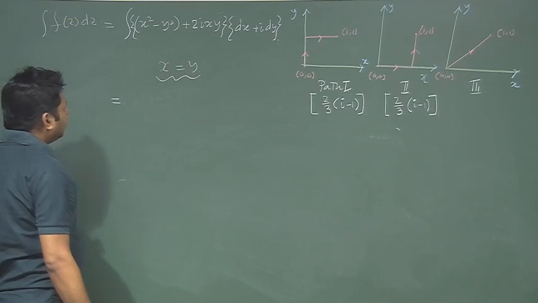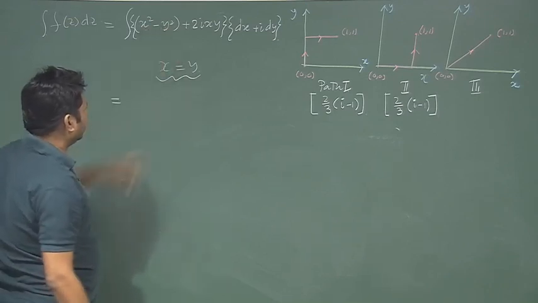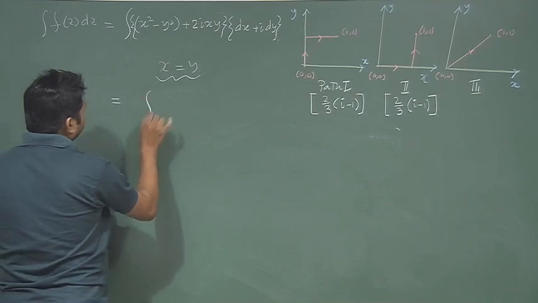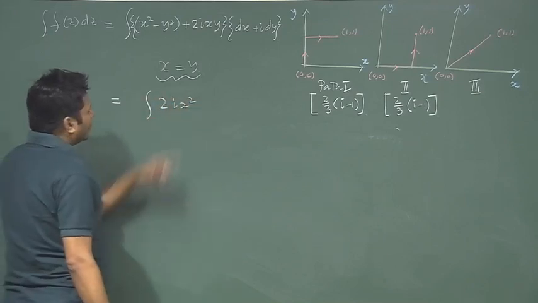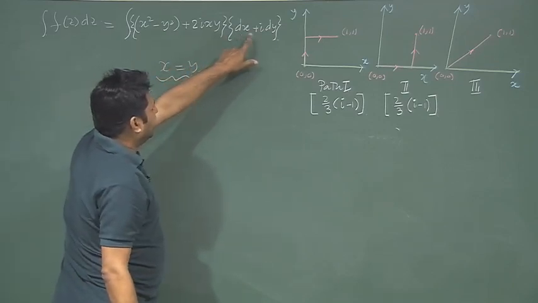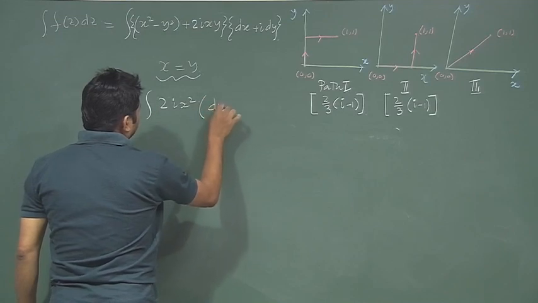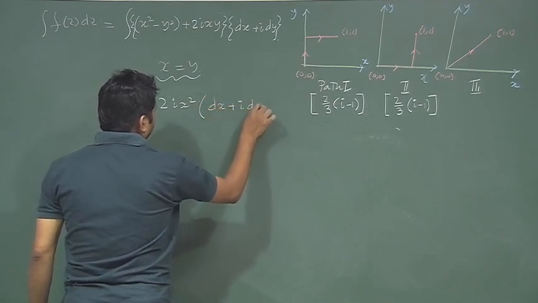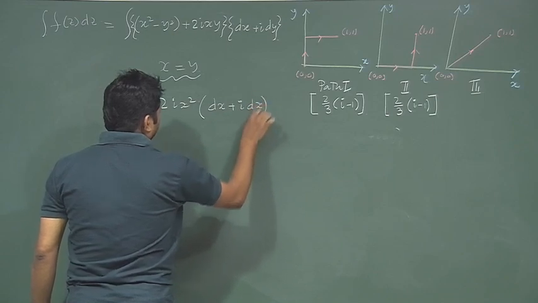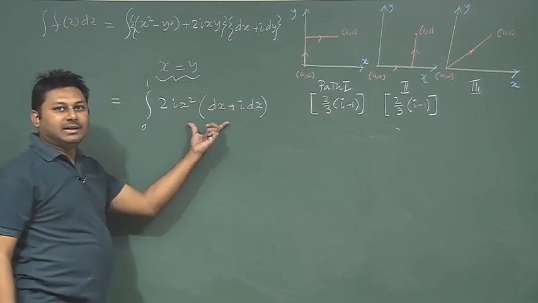When I replace that, the first term is going to vanish because x is equal to y, so this term will not be there. The integration is simplified as 2i x square, because y is now x, times dx plus i dx, where x is changing from 0 to 1.